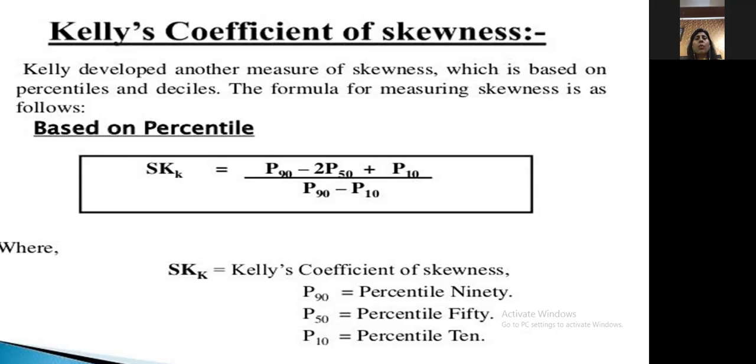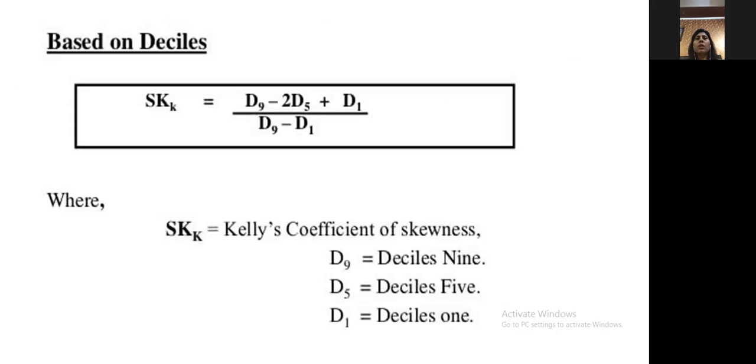This is an important one because it gives us in-depth knowledge regarding the use of mean, median, mode, the use of percentiles, deciles and quartiles. So on the basis of deciles, this skewness is D9 minus twice of D5 plus D1, divided by D9 minus D1.